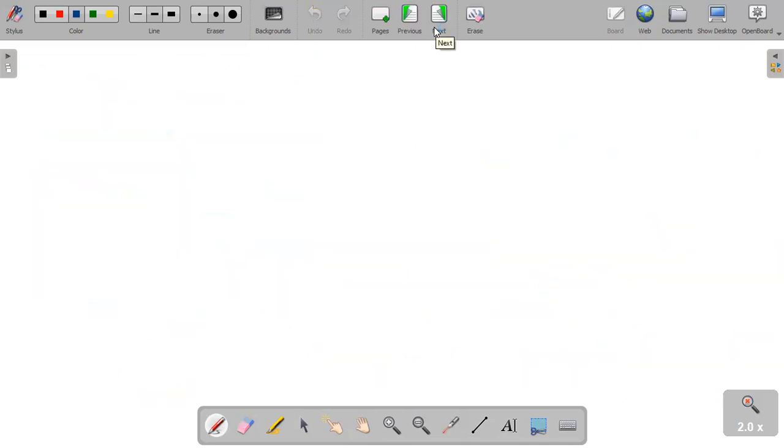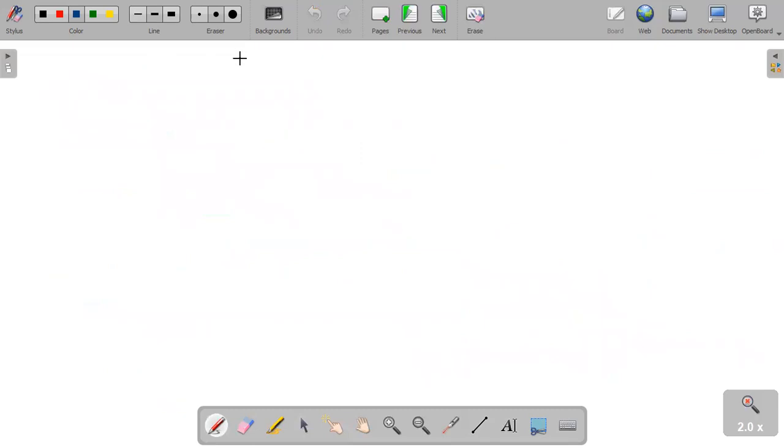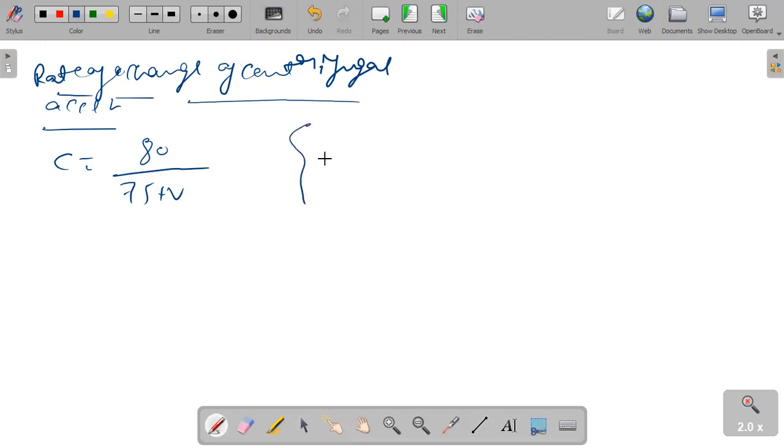And one more thing: here it is the rate of change of radial acceleration. If we have the rate of change of centrifugal acceleration, then we have the formula c equal to 80 by (75 plus v), where v is in kilometers per hour.